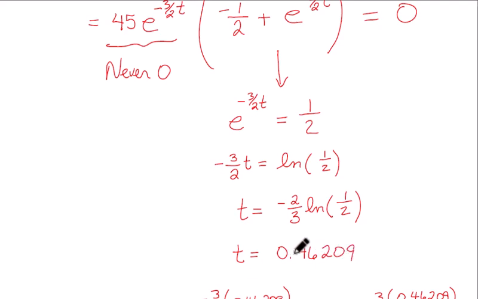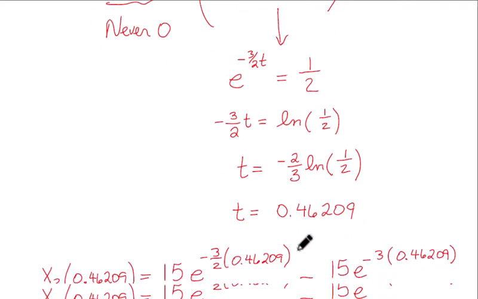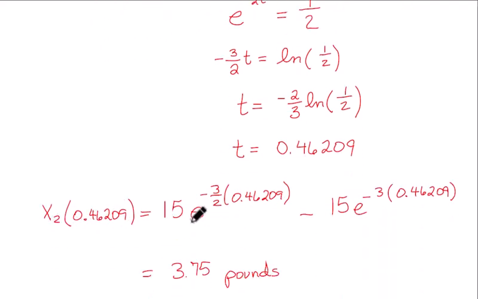Now I need to plug that time into x2. If you do that and are really careful, you get 3.75 pounds for the maximum amount of salt that's in there.